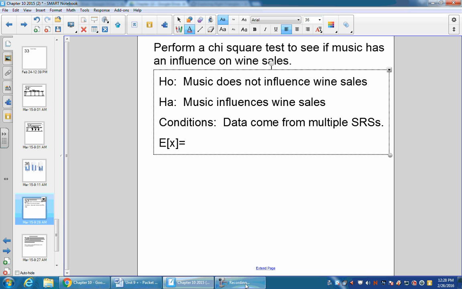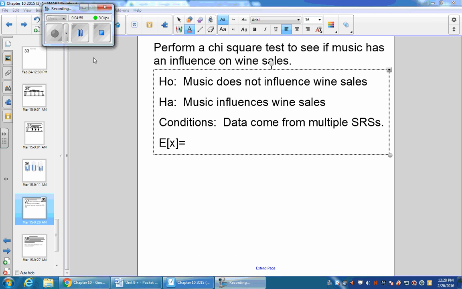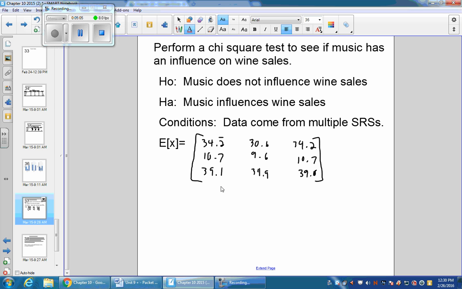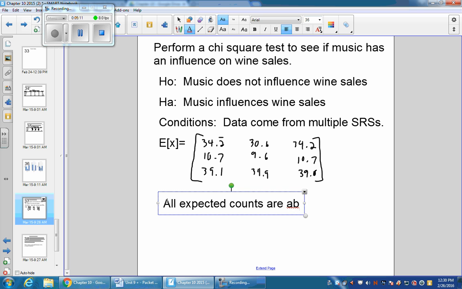I'm going to pause the video so you don't have to watch me go through all that. Now I have the expected counts, and all of the values are above 5. So I can just say all expected counts are above 5. Keep in mind, if one is not, it's not that big of a deal, just as long as there's not 20% or more that are below 5.